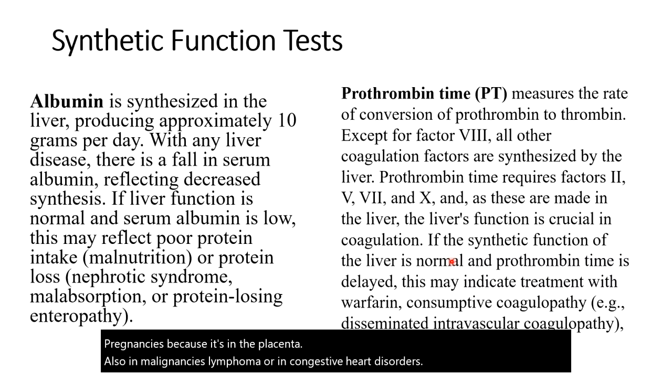So anything that will affect the production of albumin will lower the level of albumin in the serum, and that will produce a problem in the balance between the intravascular and extravascular content, and usually low albumin will cause, starting with lower limb edema, progression to ascites.